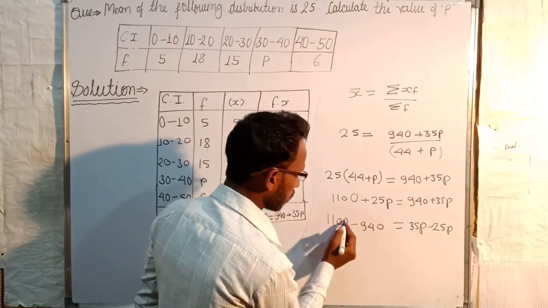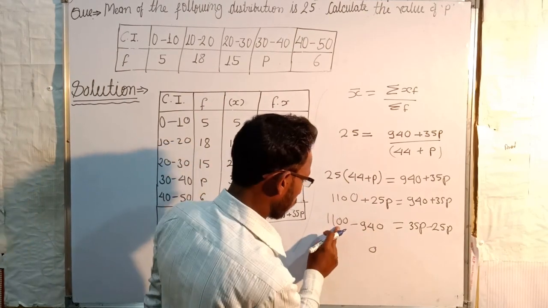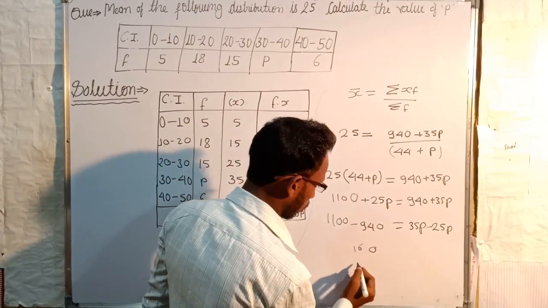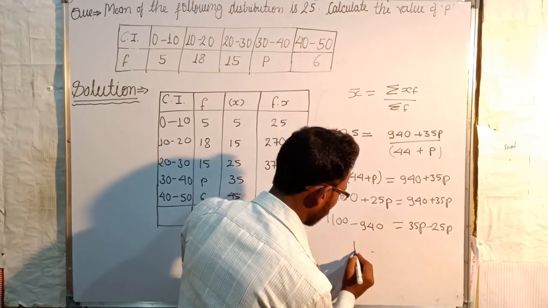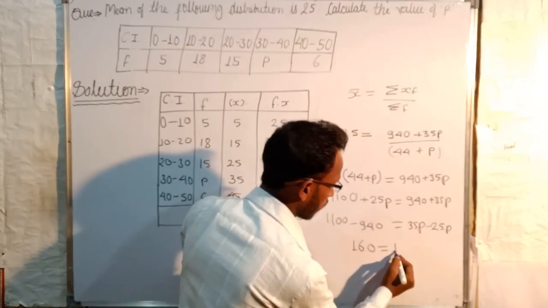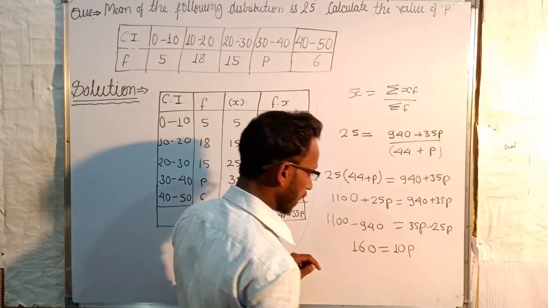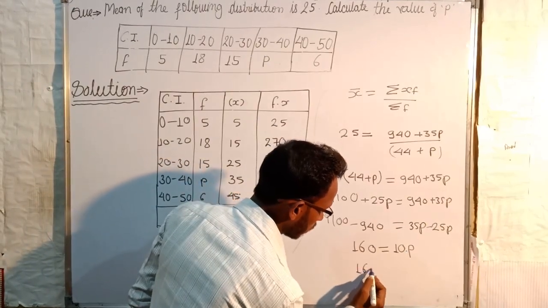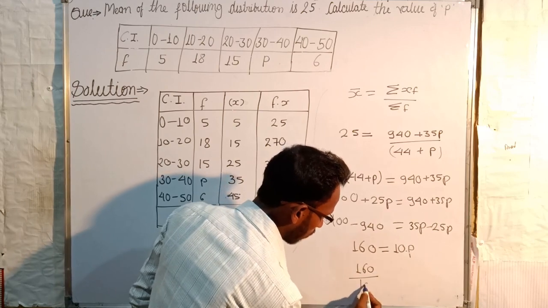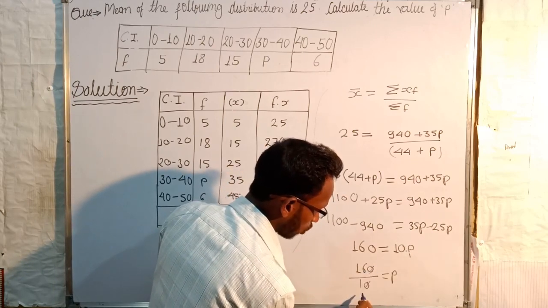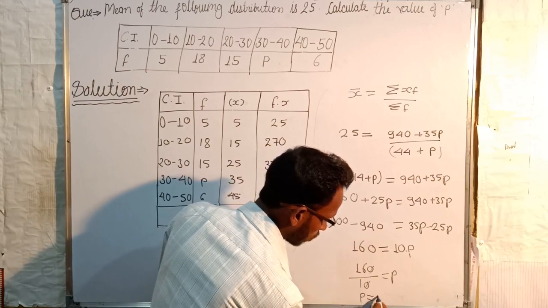Now subtract: 1100 minus 940 is 160. So 160 is equal to how much? Subtracting on the right, you get 10p. Now transfer the 10 to the left-hand side, so 160 divided by 10 is equal to p. Cancel the zeros and you get p equal to 16.